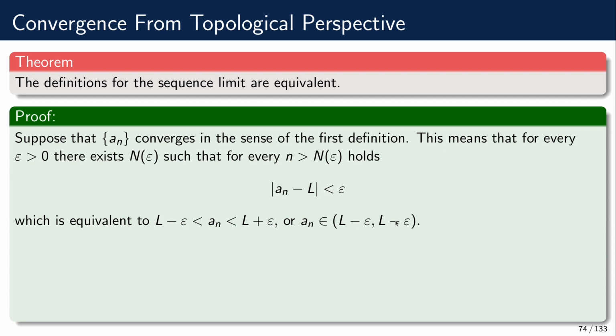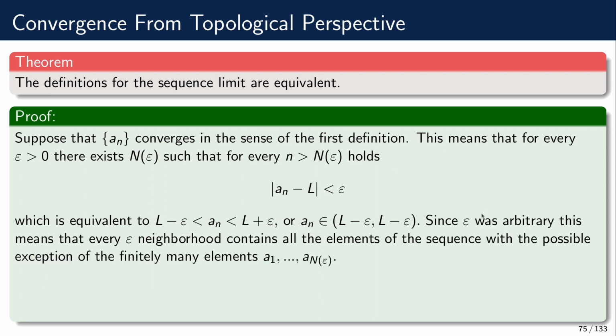And therefore, this is the epsilon neighborhood of L, right? But this epsilon neighborhood contains all the elements of the sequence except maybe for the finite collection a1 up to aN. Those elements a1 up to aN may not satisfy this inequality, but there are finitely many of them, and therefore they may not lie in this epsilon neighborhood. All elements starting from N of epsilon plus 1 and on have to satisfy this inequality, and therefore have to lie in this epsilon neighborhood.